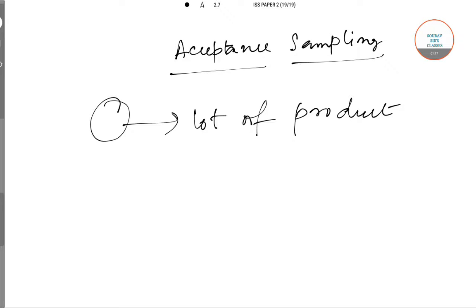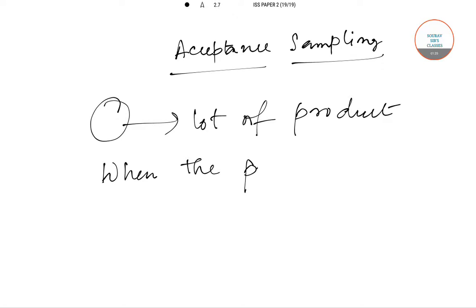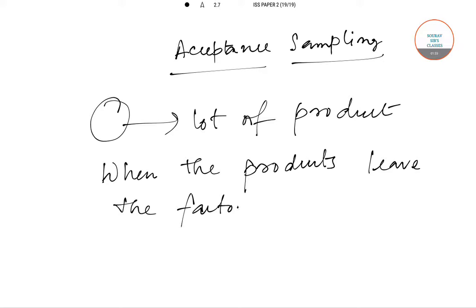It is usually done as the products leave the factory. That is, when the products leave the factory, this acceptance sampling is performed.